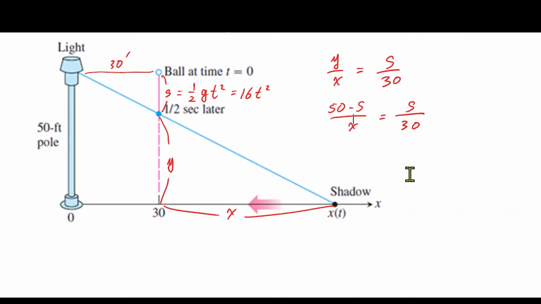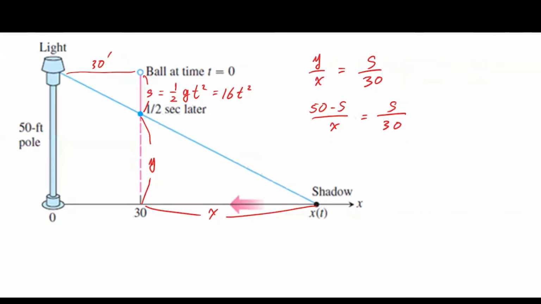Yeah, it really doesn't matter, but we still like to simplify it a little bit, so let's cross multiply. So we'll have 1500, pardon me, minus 30s is equal to, about that, right? Let's not keep it. The reason I don't want to keep it is the product rule, and it complicates our lives.